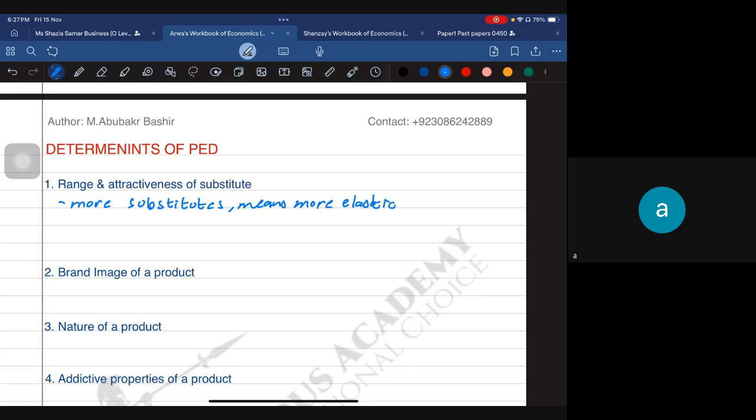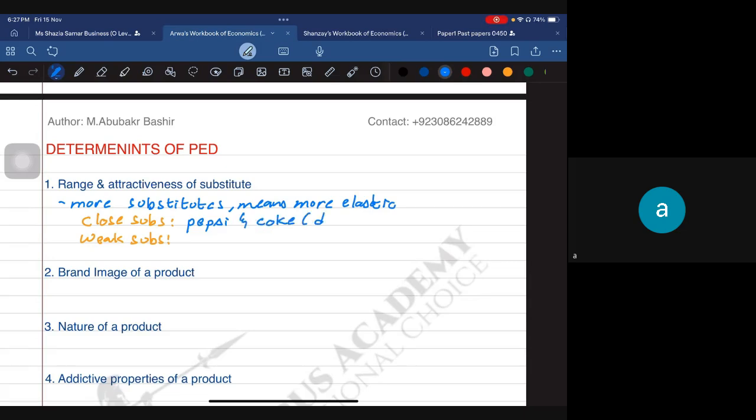So it means that if you have close substitutes, and if you have weak substitutes, we have talked about this topic of close and weak substitutes before, when we were talking about the shift in the supply and demand curves.